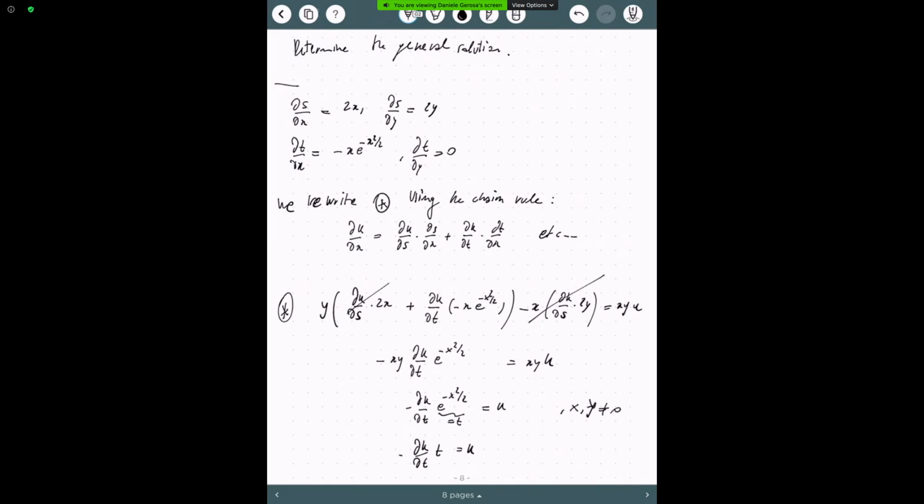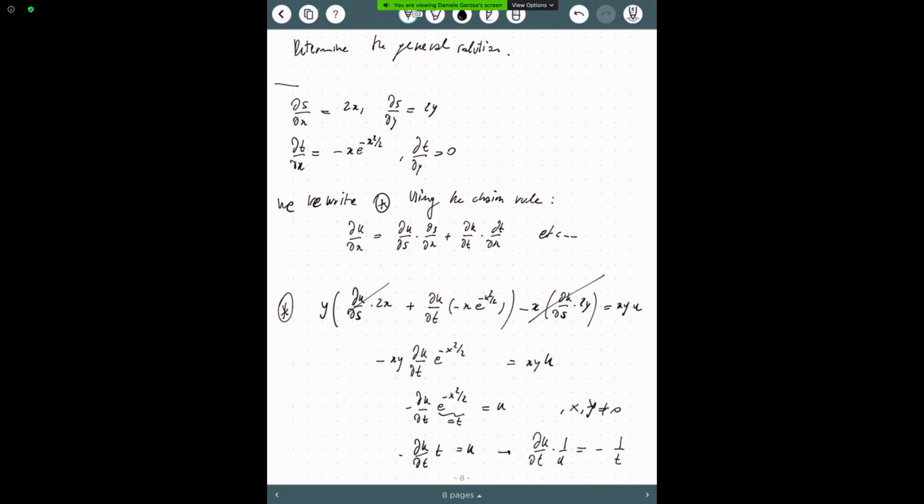du dt times t is equal to minus u, and this is what we need to solve. You can rewrite this if you want as du dt times 1 divided by u equal to minus 1 divided by t.